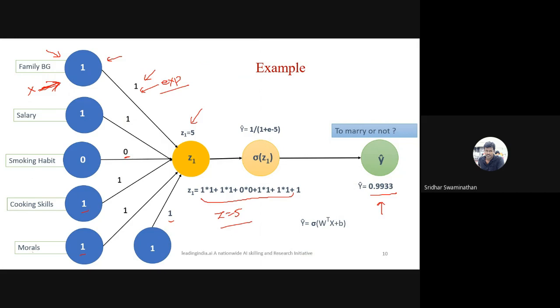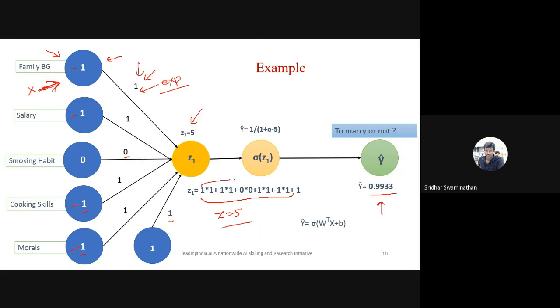Imagine that Rishi is expecting a positive family, positive salary, smoking should be 0, and then cooking could be positive, and morals should be positive. But the girl comes with the input something like: my family is a third family, a negative salary, I don't want to cook, I'm a free bird. What do you think? Now all your inputs are negative and your weights are positive.